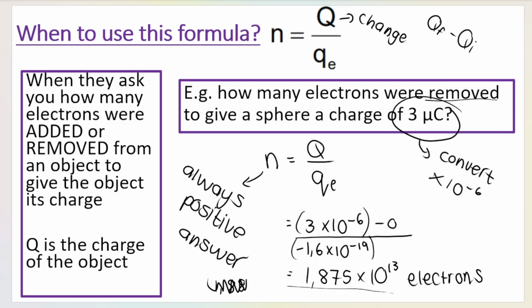So imagine an object has no charge, a 0 charge initially. That's why it's minus 0. We remove electrons and the final charge is this. But because it's 0, we don't need to include it there. I'm just showing you that. So if they ask how many electrons were added or removed, or how many electrons are in excess, or how many electrons are in deficit, the Q that you use is basically just the charge of the object.